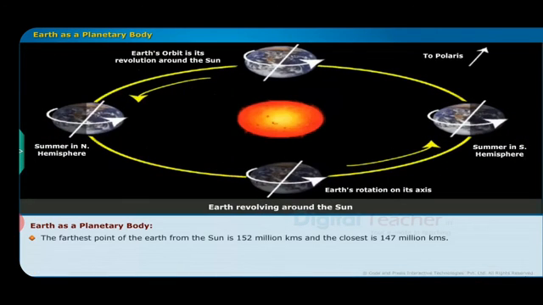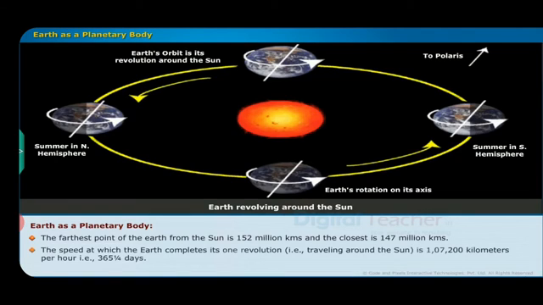The farthest point of the Earth from the Sun is 152 million kilometers and the closest is 147 million kilometers. The speed at which the Earth completes its one revolution, that is traveling around the Sun, is 1,07,200 kilometers per hour, that is 365 1/4 days.